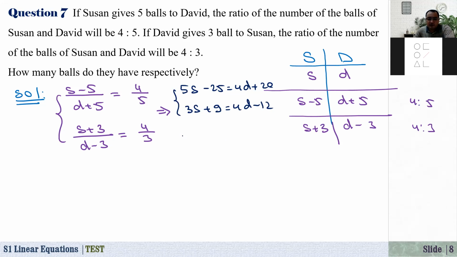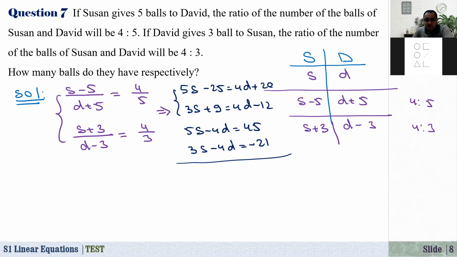So now if you just write this in order, take 4D to the left hand side, 5S minus 4D is equal to, take negative 25 to the right hand side, it is 45. 20 plus 25 is 45. The second one is 3S minus 4D is equal to negative 12 minus 9, that is minus 21, right?